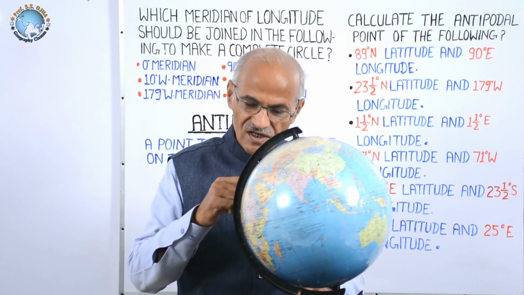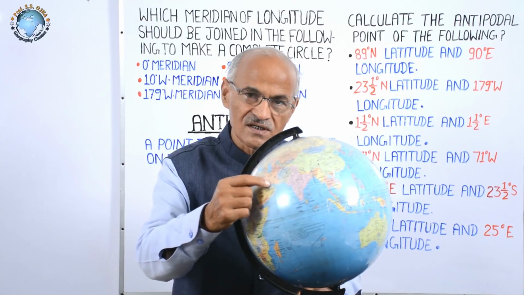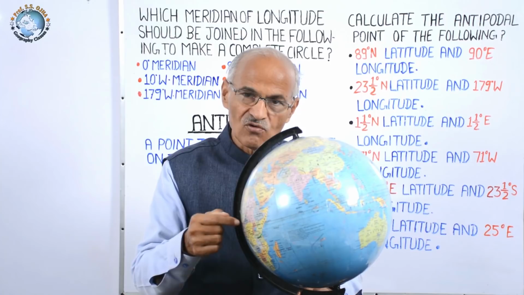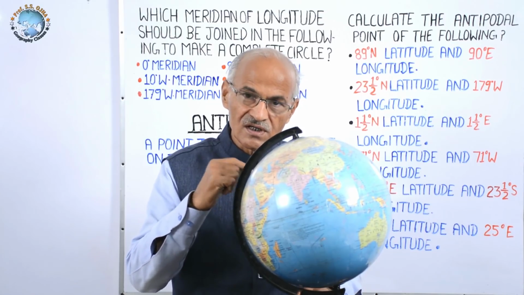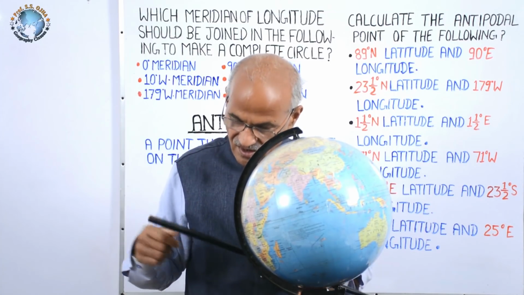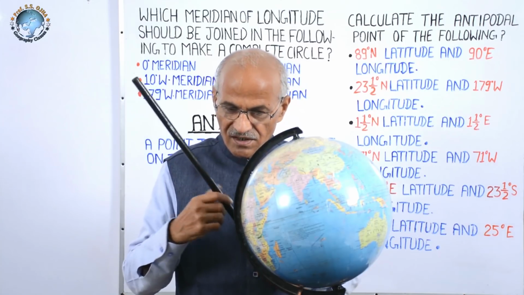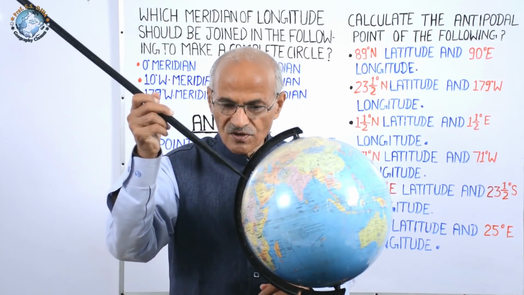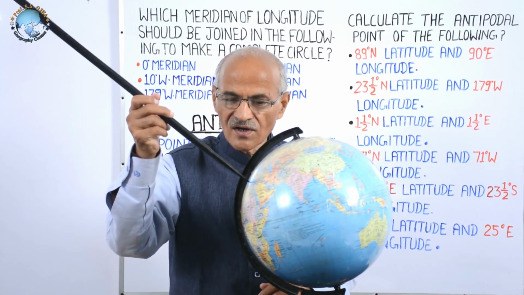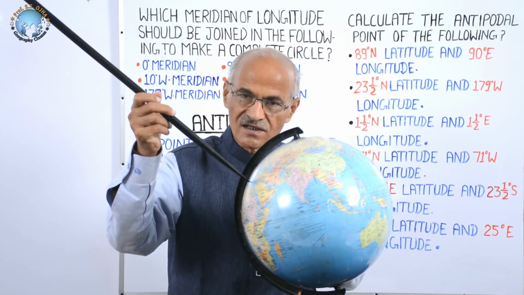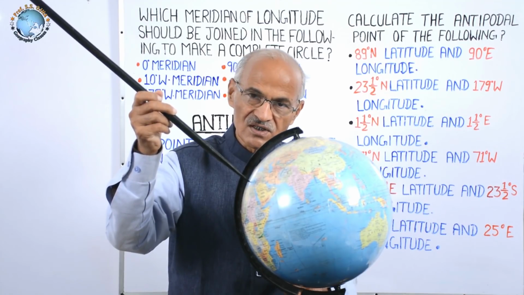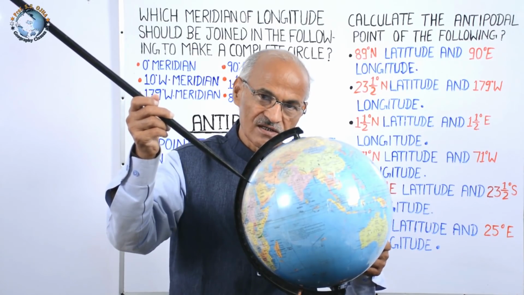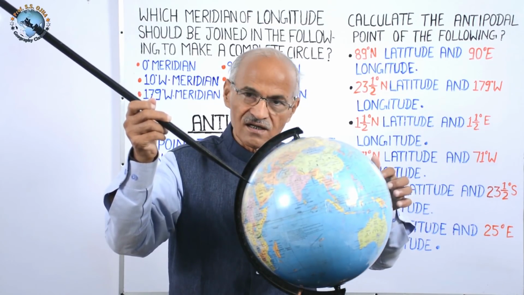Like if it is 30 degree north latitude and 30 degree east longitude, then calculate the antipode. Suppose this is 30 north and 30 east. If you put a rod here and insert it in the center, and it passes through the center of the earth, certainly it will not be seen at 30 north.